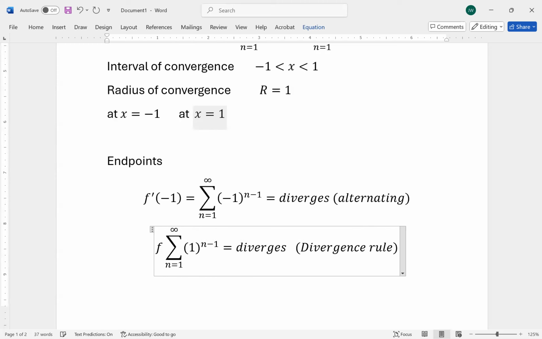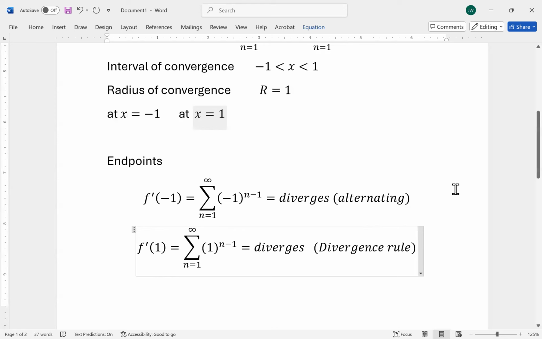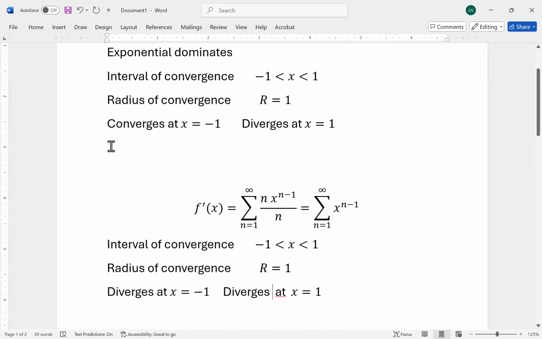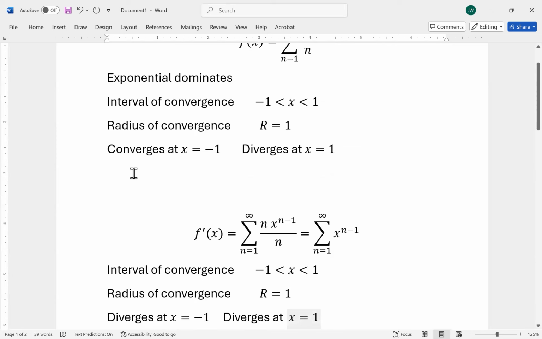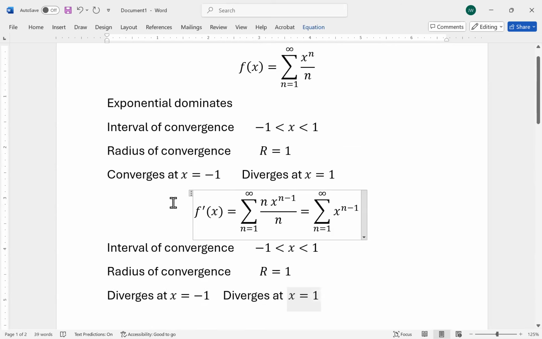So if I plug into the derivative a -1, or I plug in a positive 1, they both diverge. And what I'm pointing out is the similarity of the function itself to the derivative.